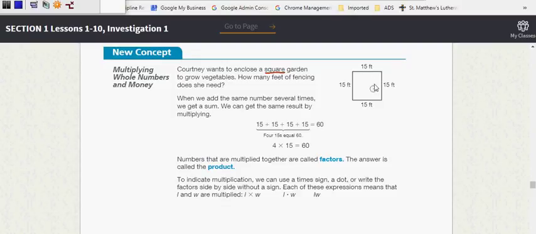They've given us this drawing, and they tell us it's 15 feet a side in the square through the drawing. And they want to know how much is that total. We could do that a couple ways.